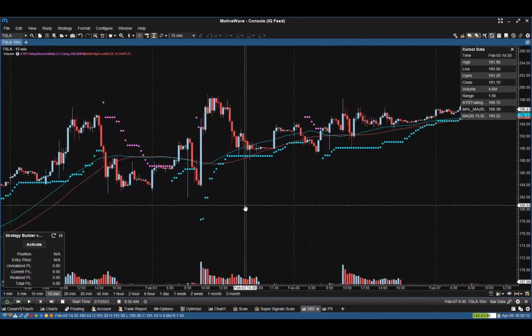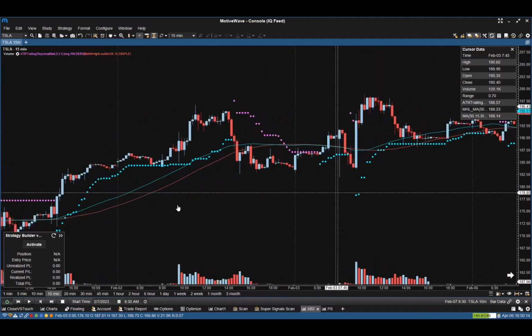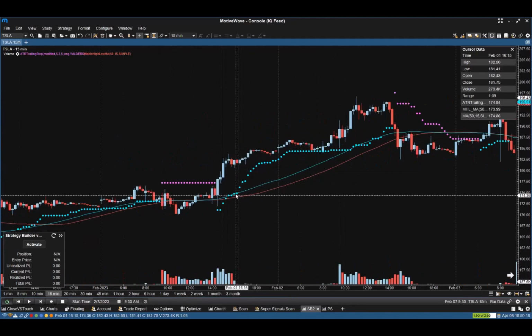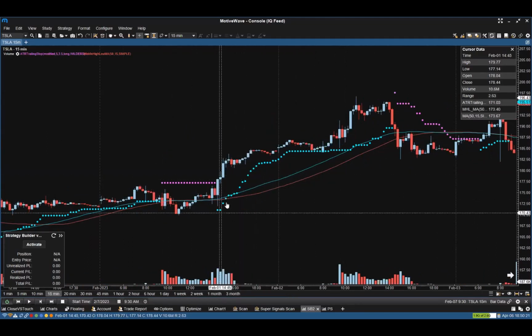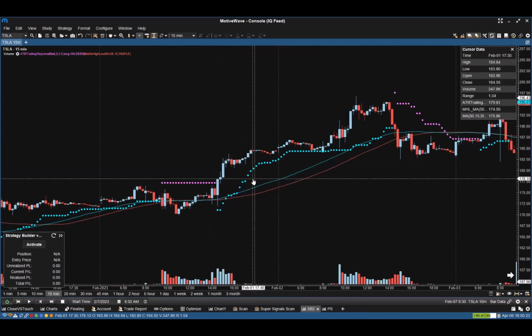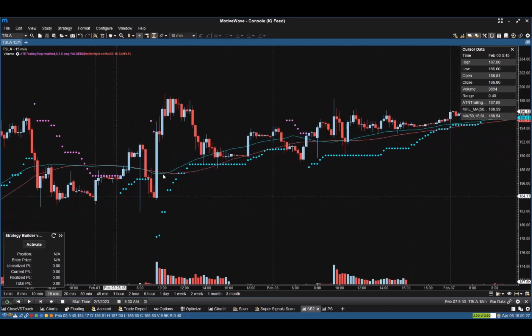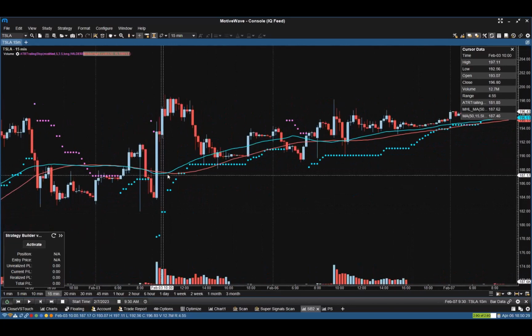And if you remember, what I was saying was that if the close price of the current bar is above the trailing stop, which are these dots. So if we're above the trailing stop within the last 5 bars, and this blue line crosses above this red line, then we're going to get a long signal.